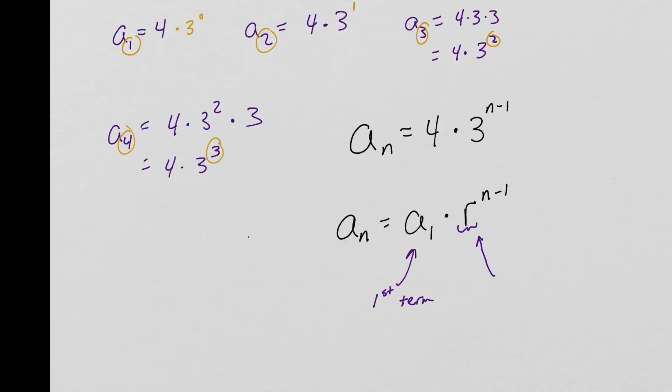Just r is what we're going to be calling our common ratio. In this example, it was 3, but common ratio, it's just the thing you're multiplying each term by to get to that next term. N minus 1 is just n minus 1.